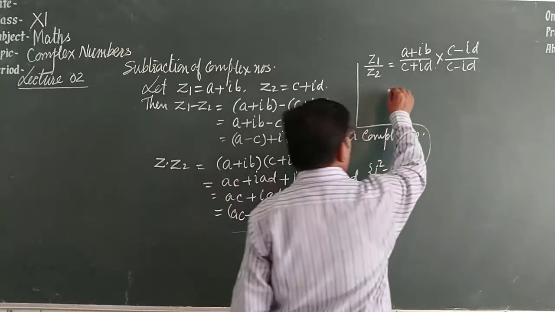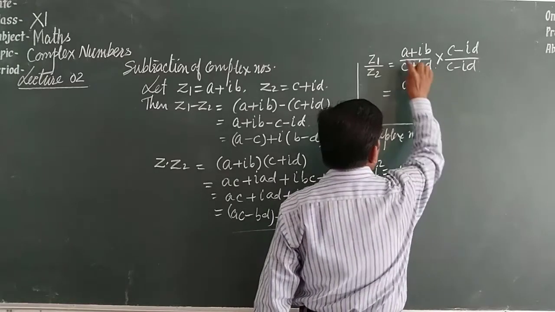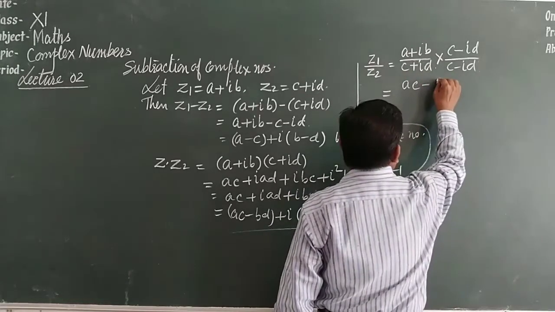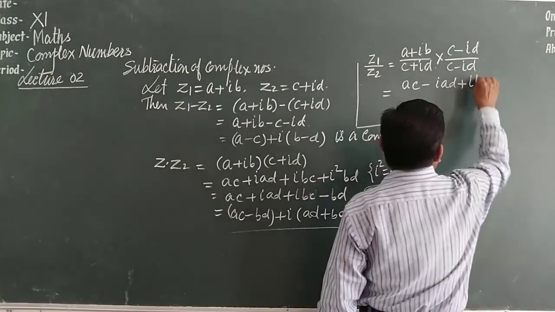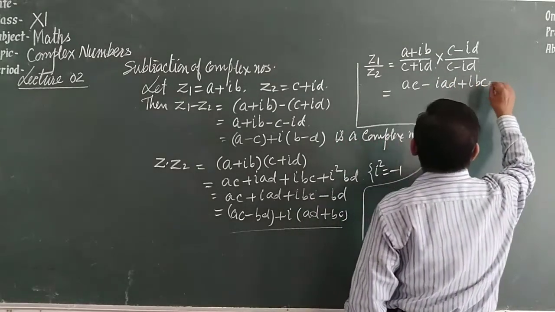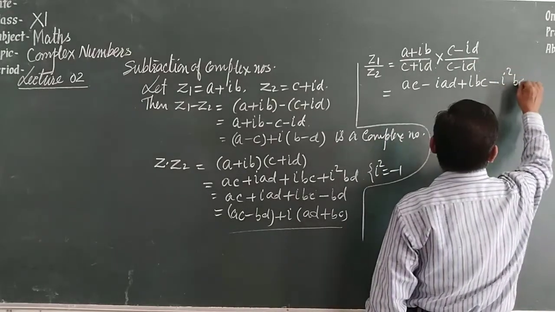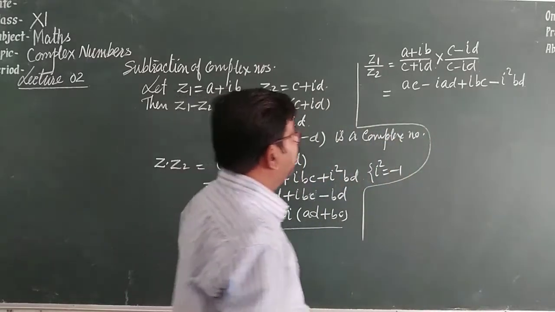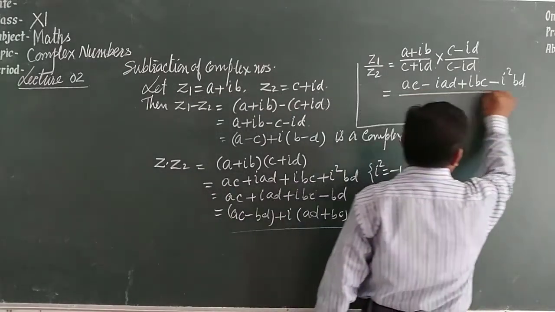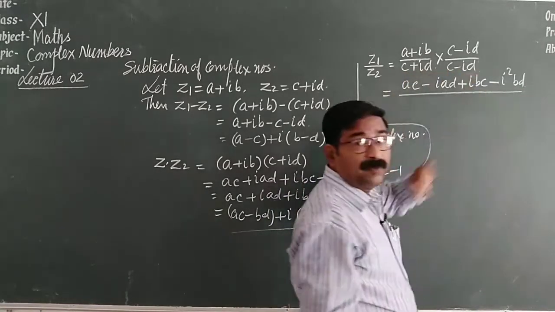Now multiply the numerator. What we have, a into c, ac, minus iad plus ibc minus i square bd, upon, in denominator we have the a plus b and a minus b formula.